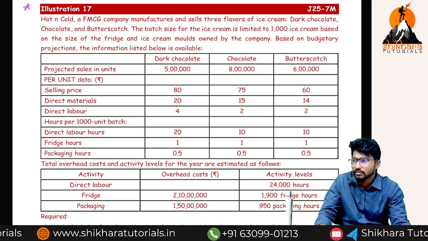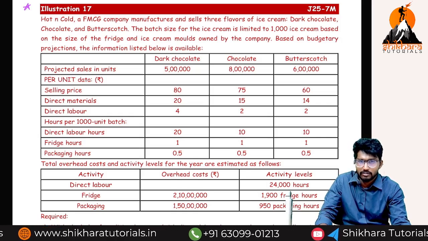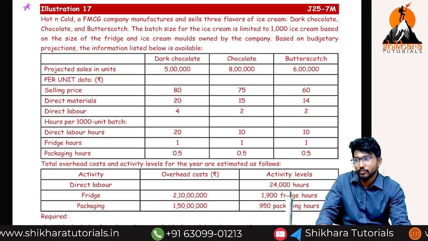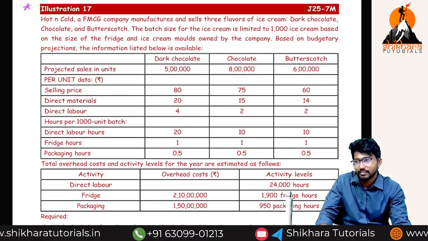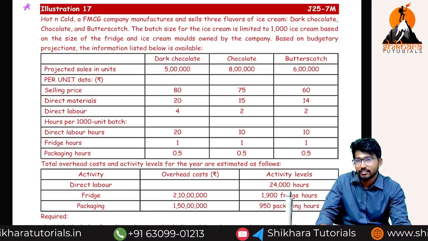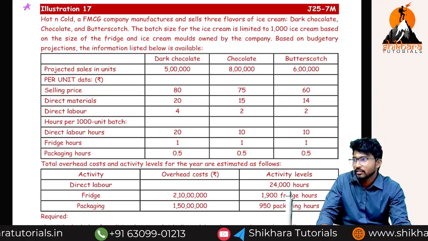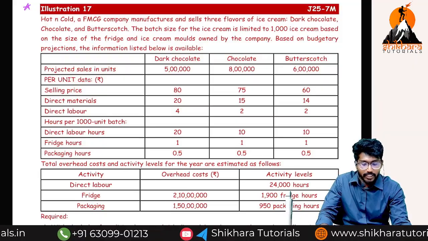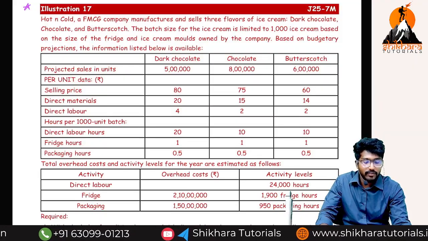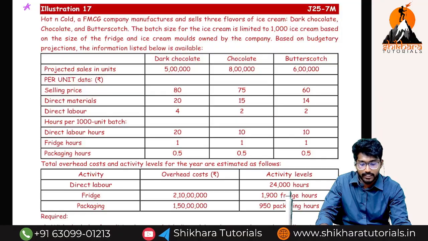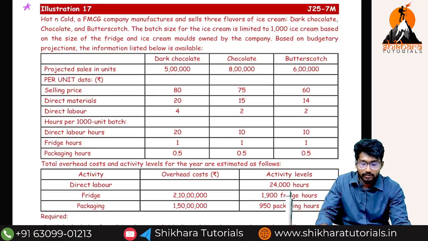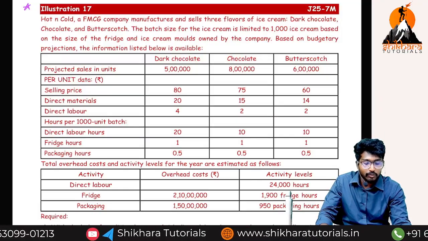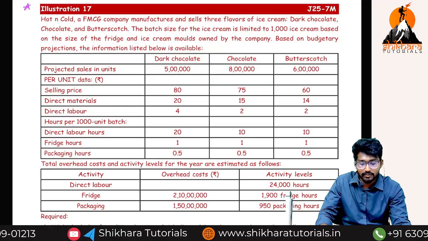FMCG means, what is FMCG? Fast moving consumer goods. The company manufactures and sells 3 flavors of ice cream: dark chocolate, butterscotch. The batch size for the ice cream is limited to 1000 ice creams based on the size of the fridge.